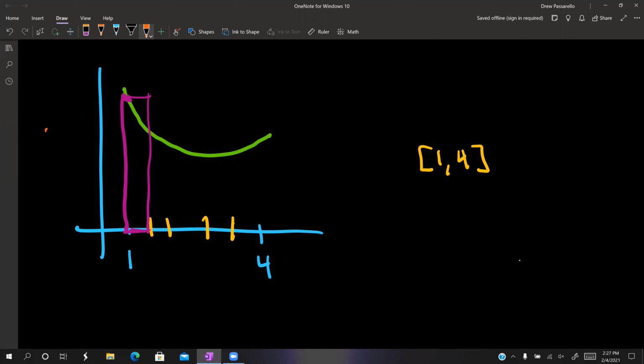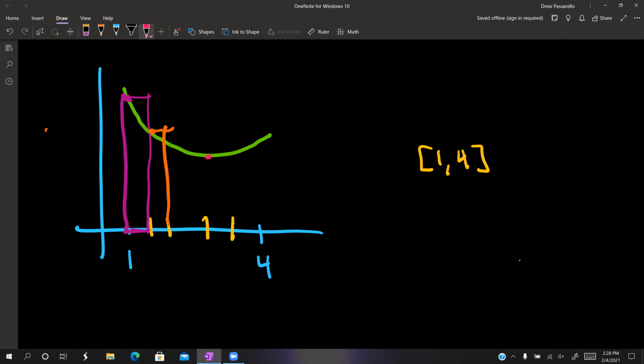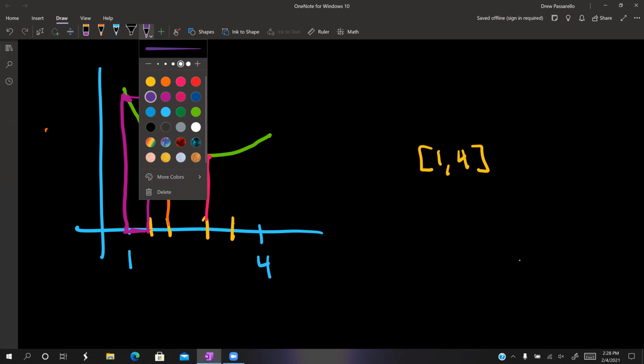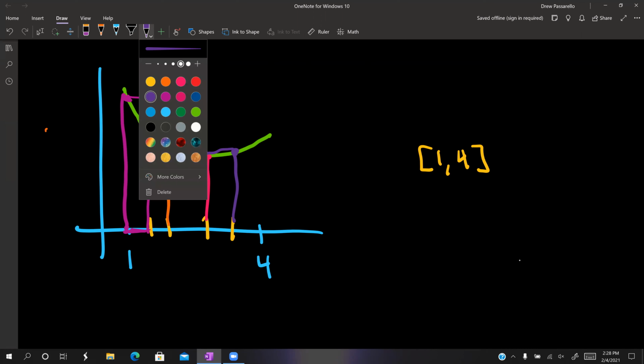Now for the second subinterval, let's say I again use the left endpoint. And for the next one, I choose to use the right endpoint. And again, let's say I did the right endpoint. And last, again, the right endpoint.